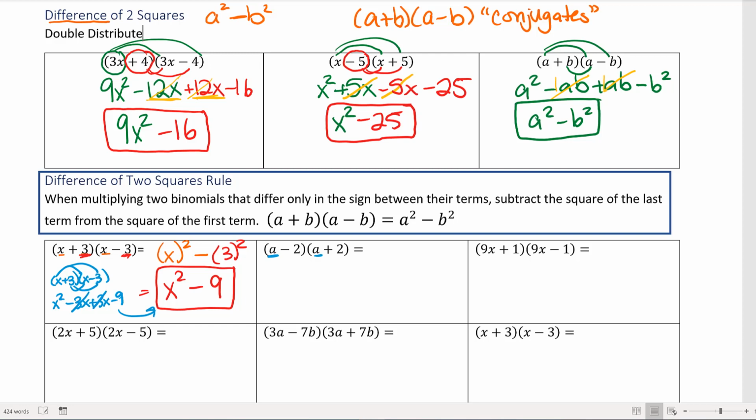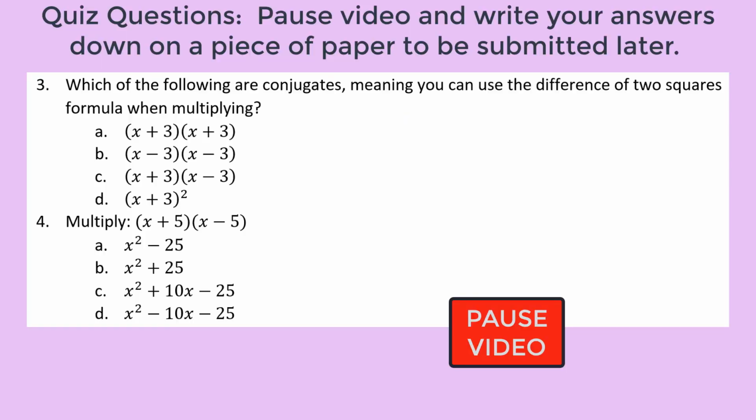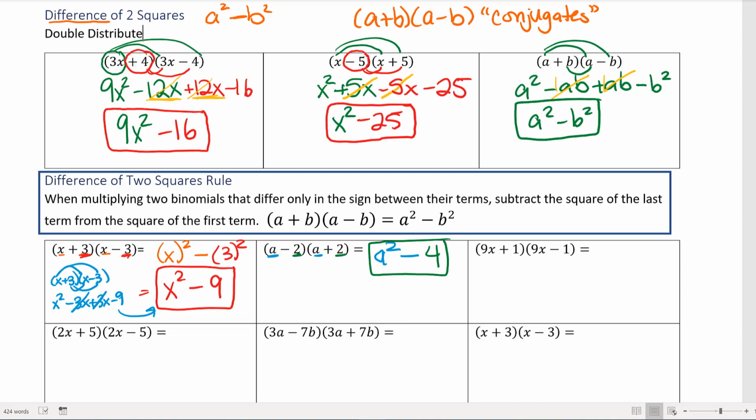So on the next one, a minus 2 times a plus 2. Are they conjugates? Yes, they are. So we're just going to get a squared minus, because the formula says so, and then you're going to take 2 squared, which is 4. And that's it. On the next problem, are they conjugates? 9x plus 1, 9x minus 1?